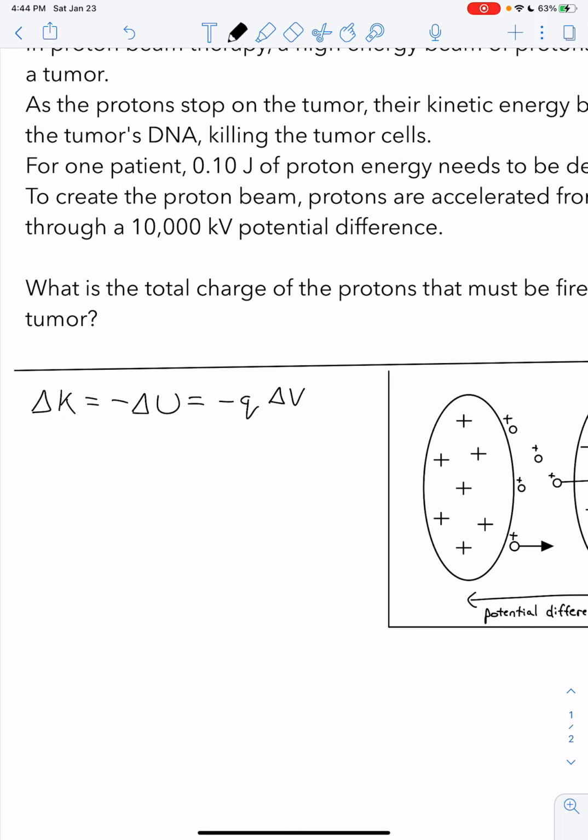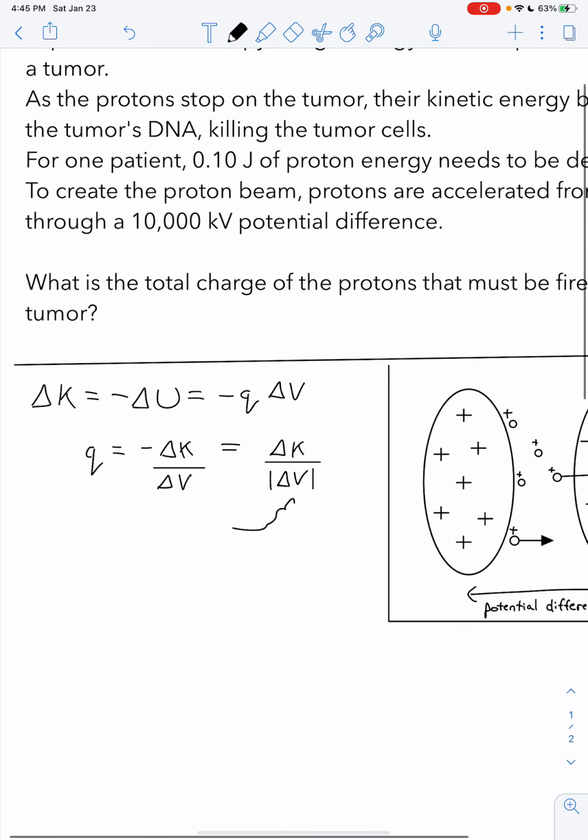Let's then solve for Q. Q is going to be equal to negative delta K over our delta V. And really, what we're looking at here is delta K over the magnitude of our delta V.